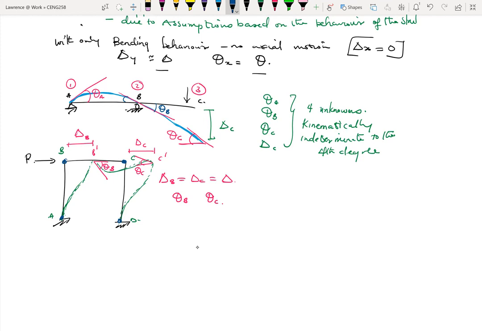So it means that this system has three unknowns, or three degrees of freedom. So it is kinematically indeterminate to the third degree.